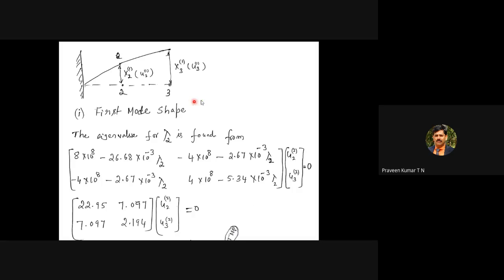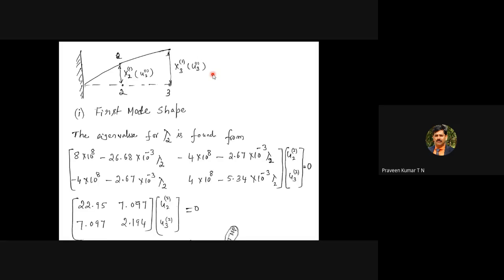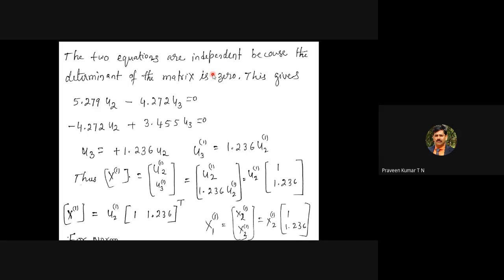That's one equation. Then one more equation is 7.097 into U2 plus 2.194 into U3, that's equal to 0. From that you are getting two equations. So these are the equations.